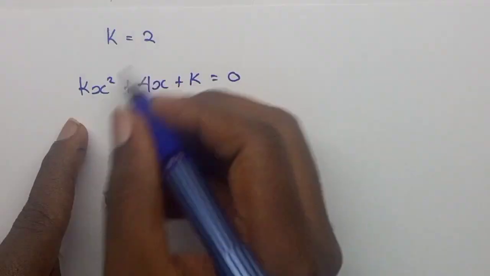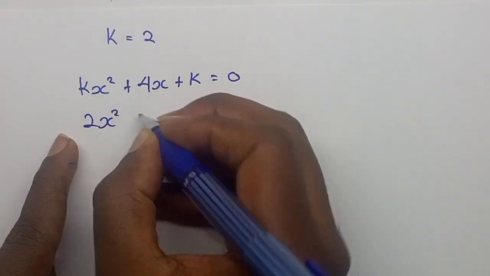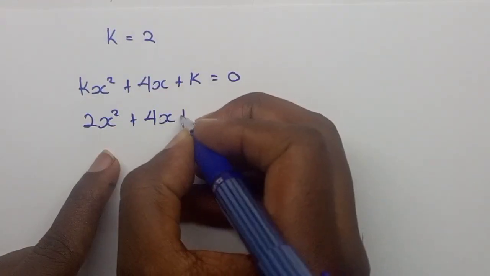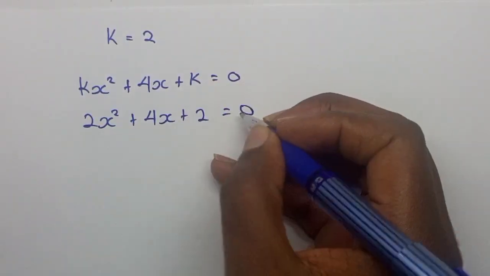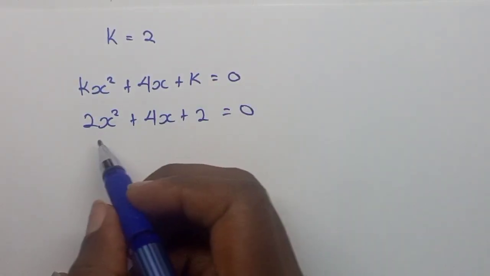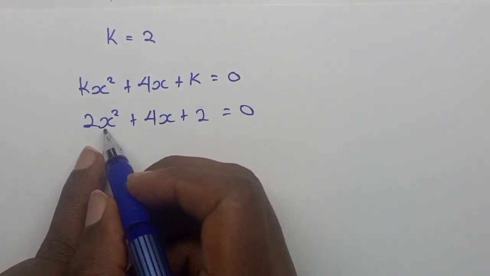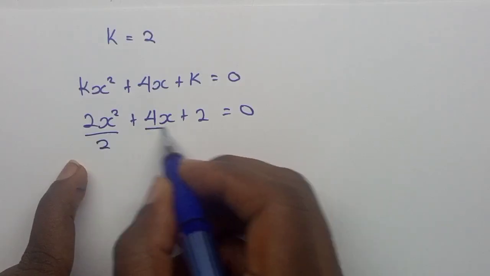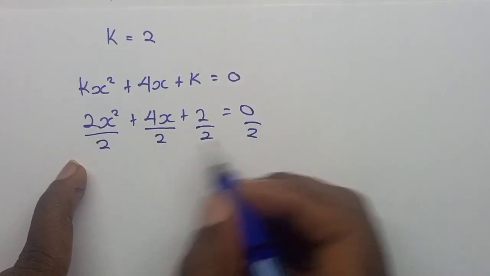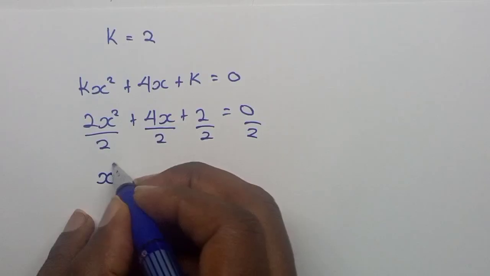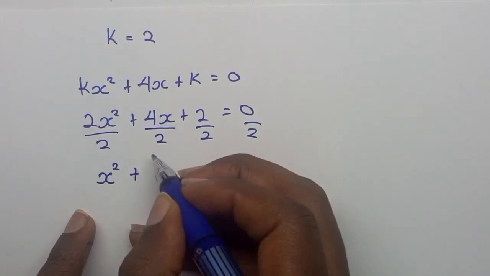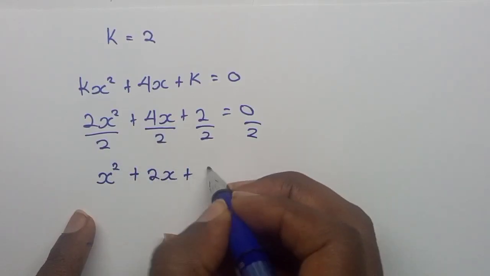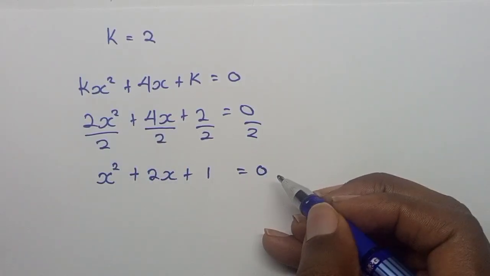Where there is k, you put 2, so it will be 2x squared plus 4x plus 2 is equal to 0. We need to make the coefficient of x squared to be 1, so we divide everything by 2. We shall have x squared plus 2x plus 1 is equal to 0.